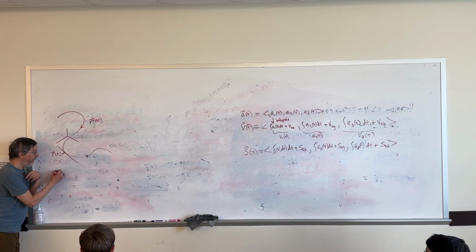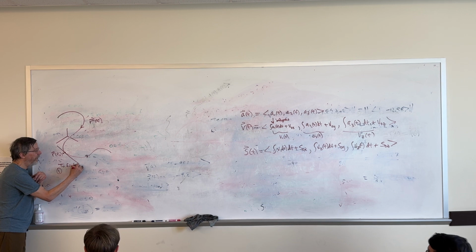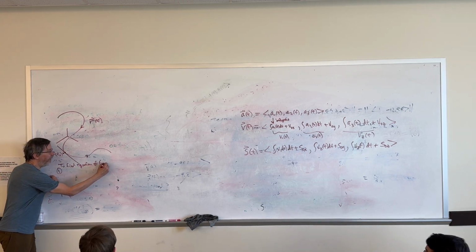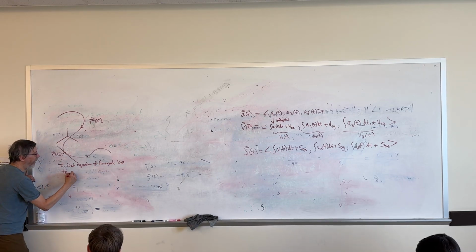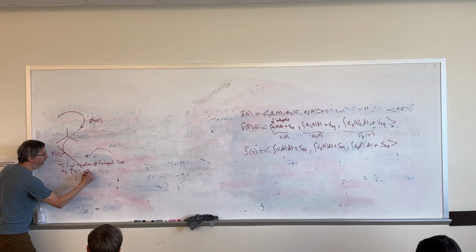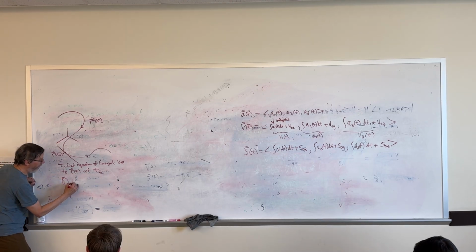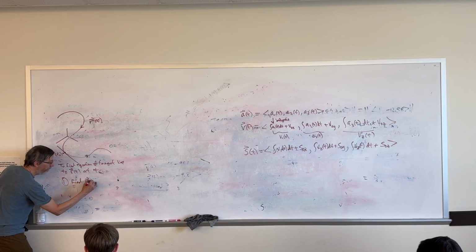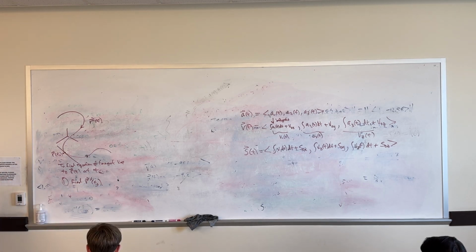So to find the equation of a tangent line to r of t at t naught, step one is find the velocity vector at t naught. That's going to give me a vector.